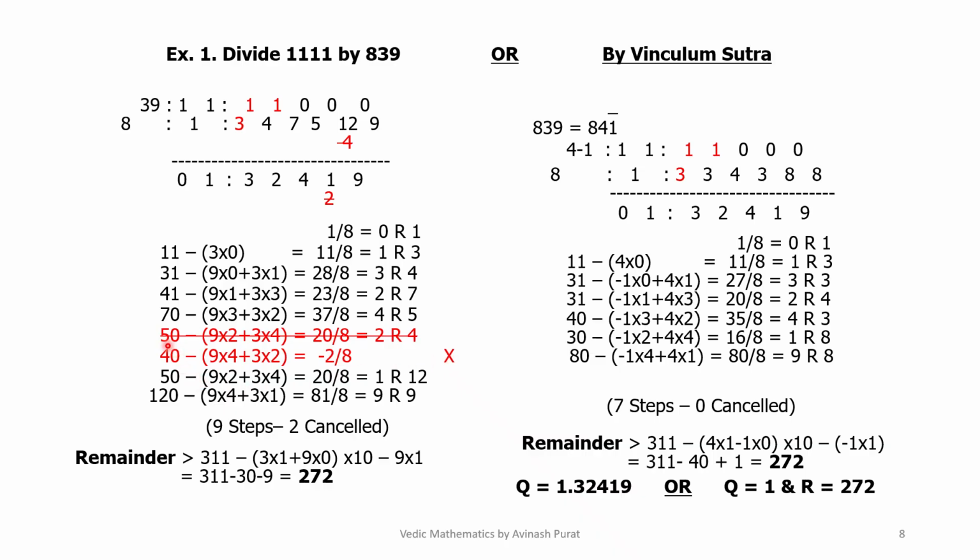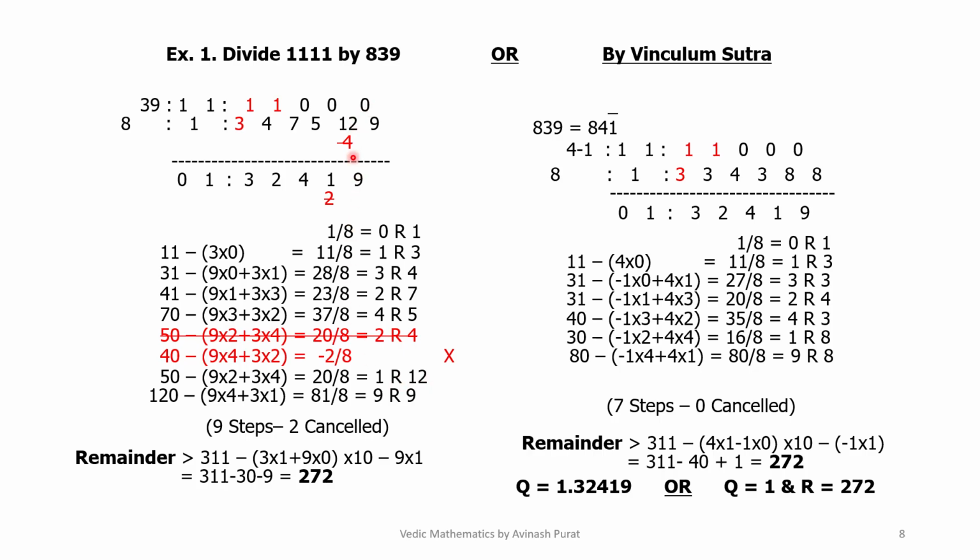We consider again 50. 50 minus 9 into 2 plus 3 into 4 equal to 18 plus 12, 30. So 50 minus 30 is 20 by 8. We take one division as 1 and remainder is 12.